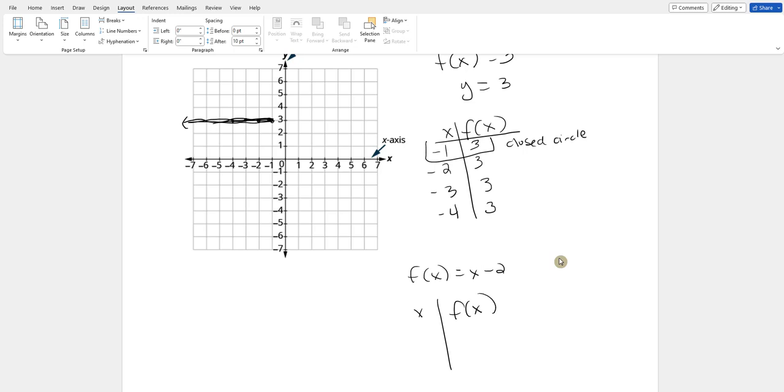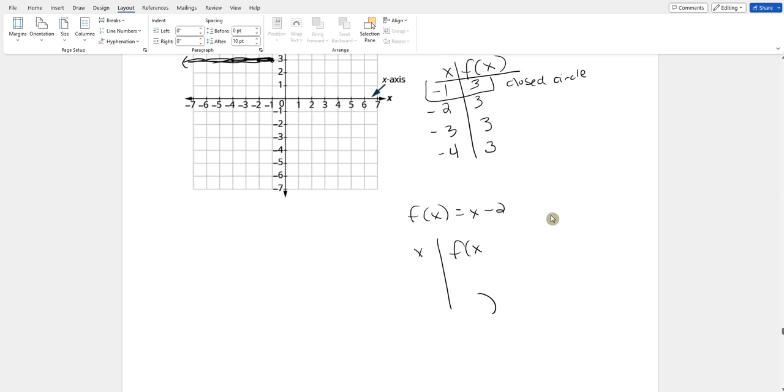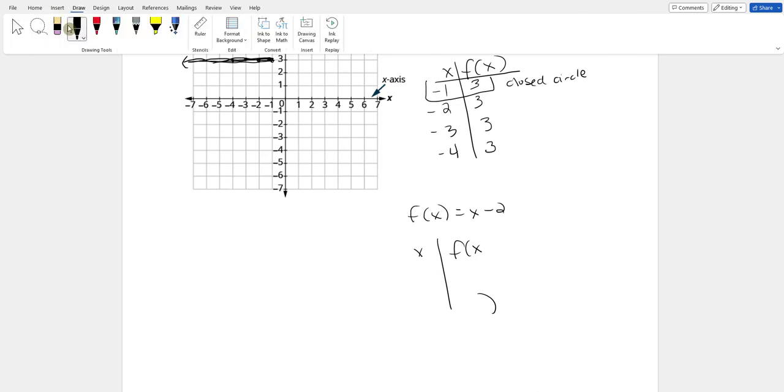So I'm going to put in -1 in here, even though it's not included in the domain. The problem states x has to be greater than -1. But I'm going to put -1 on here, and I'm going to put an open circle at that point.